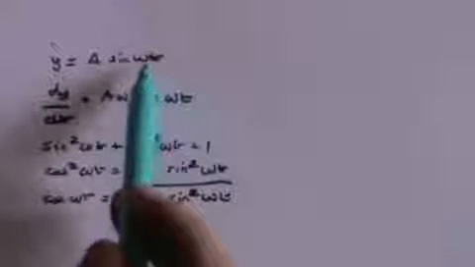We remember that sine squared omega t plus cosine squared omega t equals 1. Thus, cosine squared omega t equals 1 minus sine squared omega t. Therefore, cosine omega t equals the square root of 1 minus sine squared omega t, but sine squared omega t equals y squared over a squared, since y is a sine omega t.